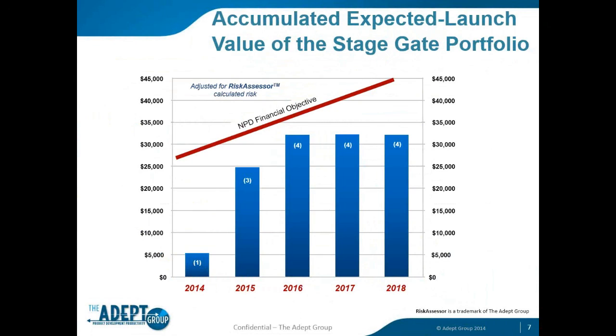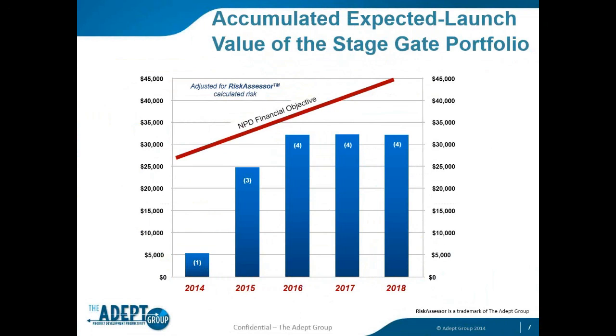How much expected revenue would be coming in per each year. In the first year, 1 of the projects would launch. In the second year, 2015, 3 of the projects would launch, adding their cumulative risk adjusted revenue up to about $25,000, and what we see is all 4 would be launched in 2016.